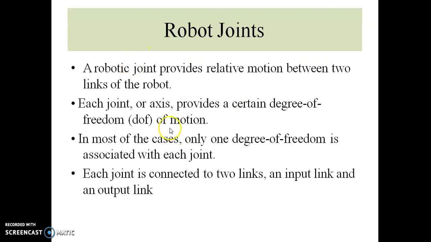Each joint or axis provides a certain degree of freedom of motion. Degree of freedom is called DOF in short. In most cases, only 1 degree of freedom is associated with each joint. Each joint is connected to 2 links, an input link and an output link.